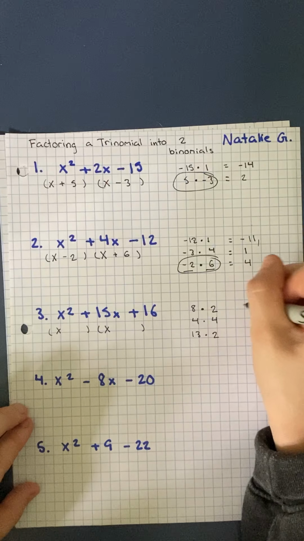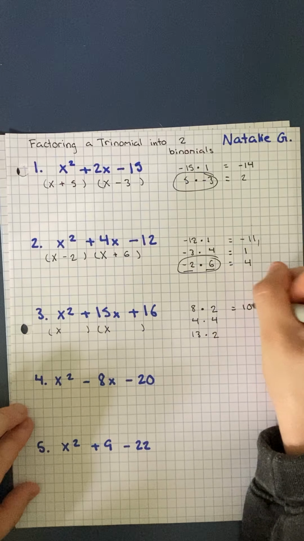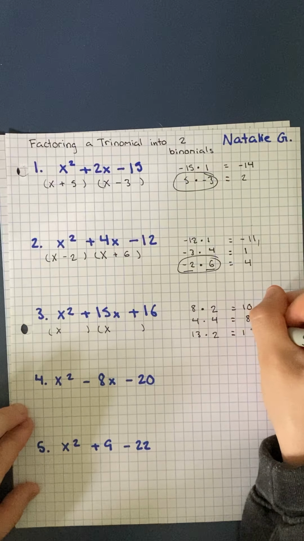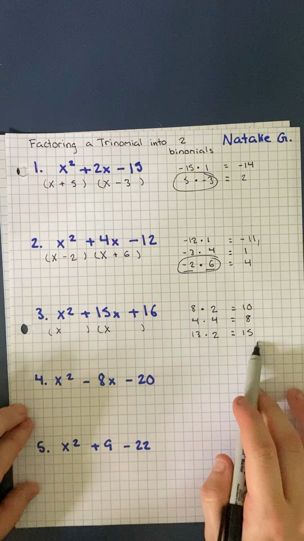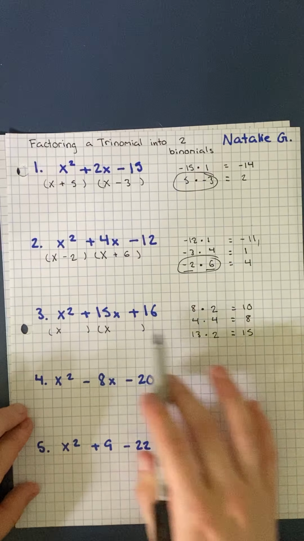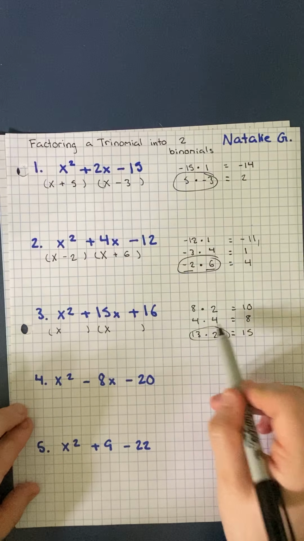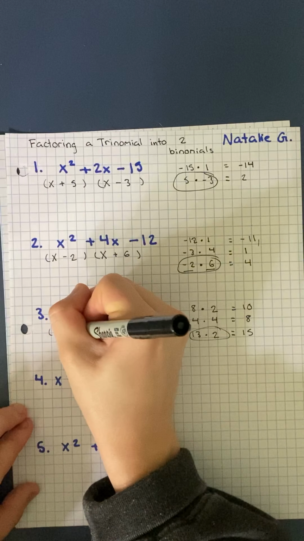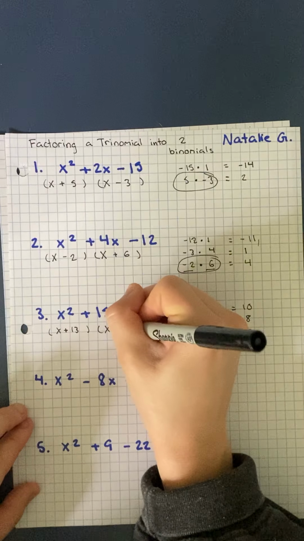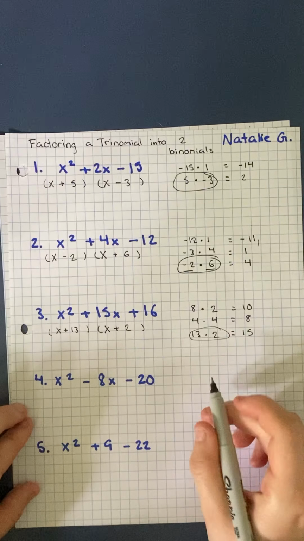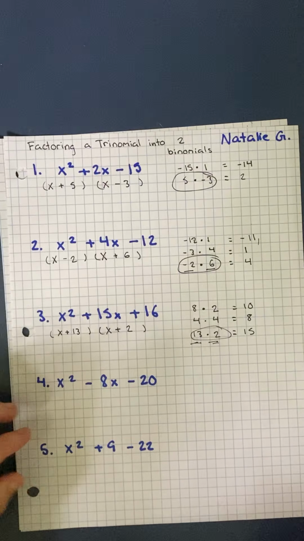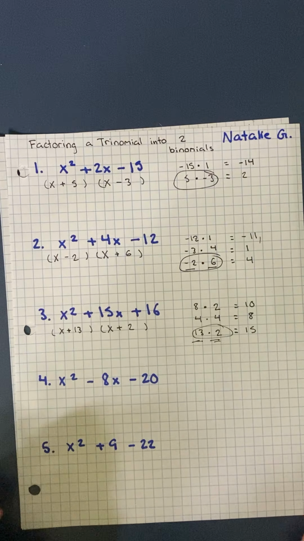We're going to go through and add. So this is 10, and this is 8, and this one equals 15. Looking back again, this is 15 and this is also 15, so this has to be our correct equation. We're going to put plus 13 and plus 2, because these are the individual terms that make up the two binomials.